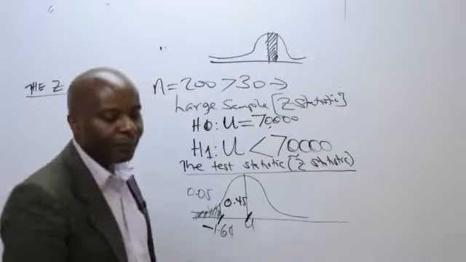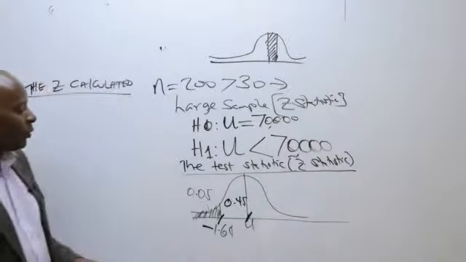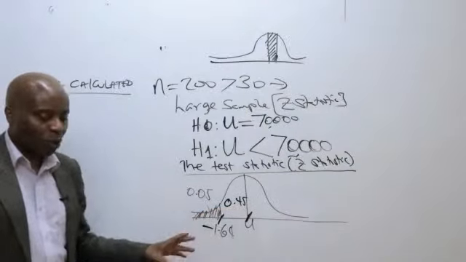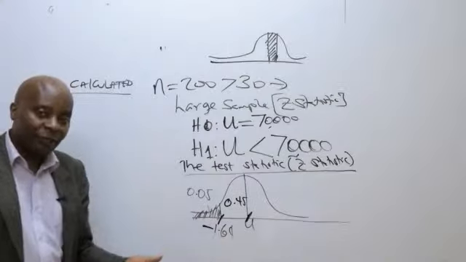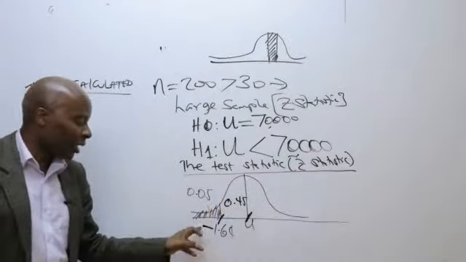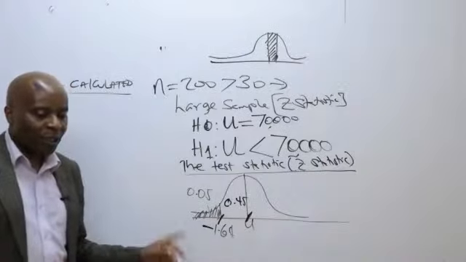If you go to your tables, the 0.45 corresponds to 1.64 or 1.65, one and the same. So 1.64, and because it's on the left-hand side, it's going to be negative 1.64.